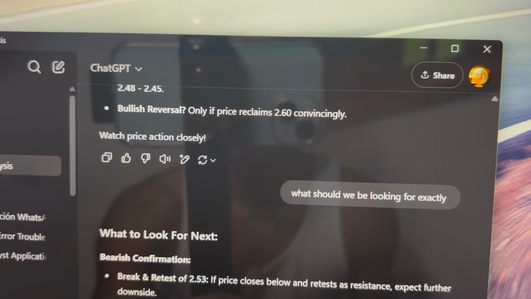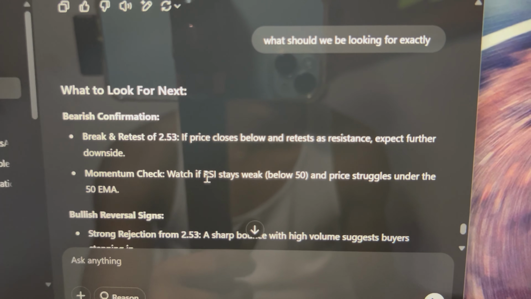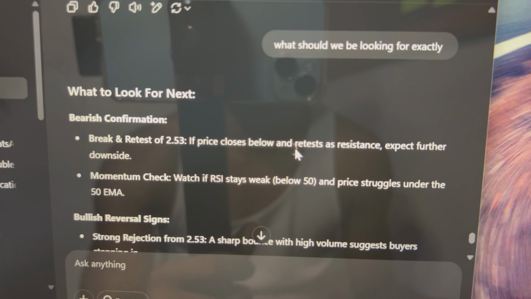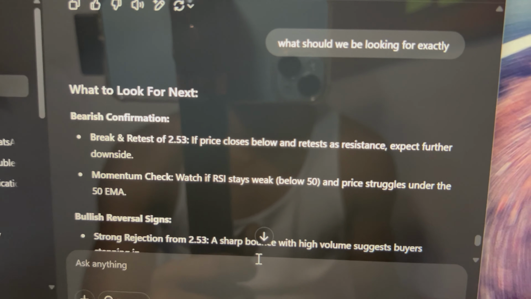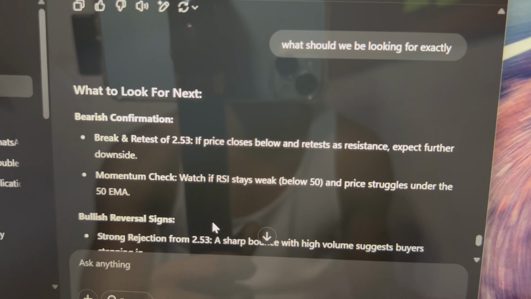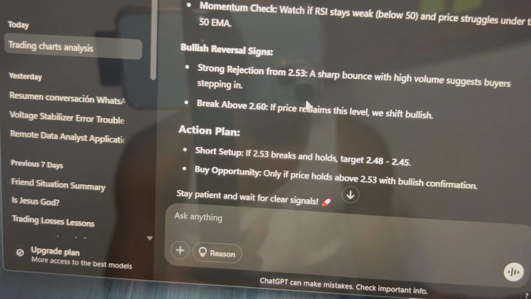What to look for next? Bearish confirmation. Break and retest of 2.53. If price closes below and retests as resistance, expect further momentum. Check if RSI stays weak below 50 and price struggles under the 50 EMA. Bullish reversal signs. Strong rejection from 2.53.